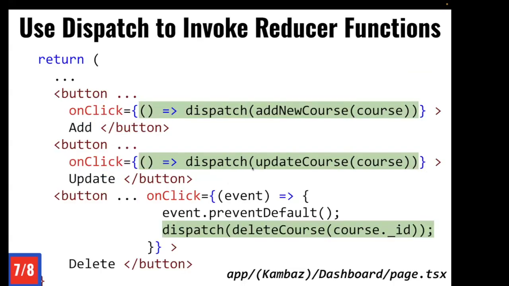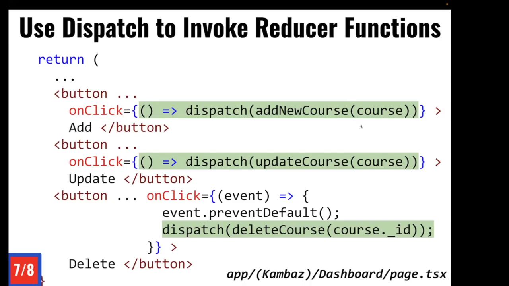Here are all those functions that we were calling, based on all these event handlers where we are deleting or updating or adding new courses. Because now they are implemented in a reducer, we do need to wrap them inside of a dispatch. Dispatch is the one responsible for creating the action object that is going to reach the reducer function, and also the payload.